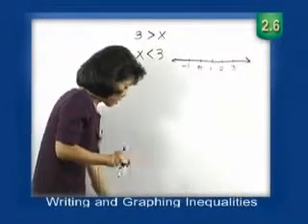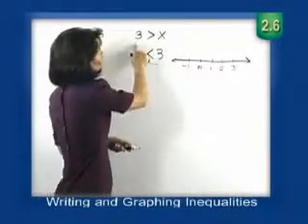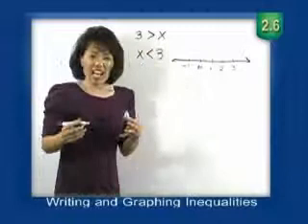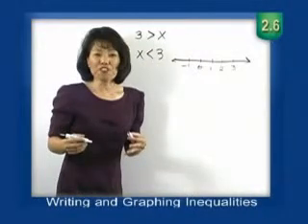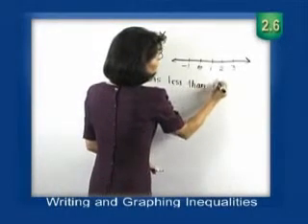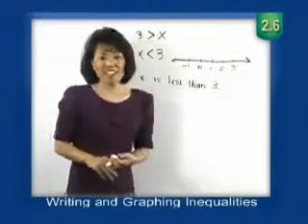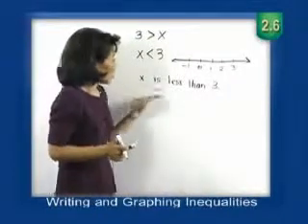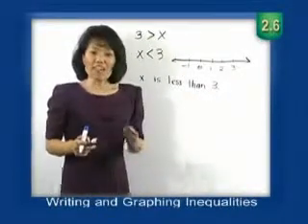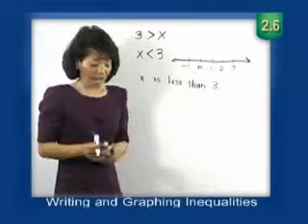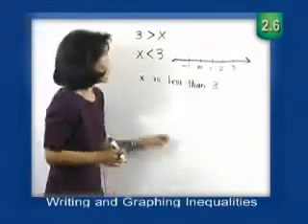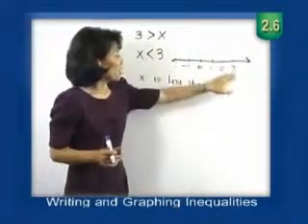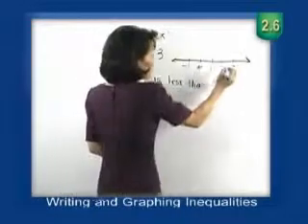As we just said, 3 is greater than x, or as I prefer to look at it, x is less than 3. So there we have it. Now that we have the inequality written in words, can we represent it on our graph? Sure we can. Again, we locate the number 3 on our number line.